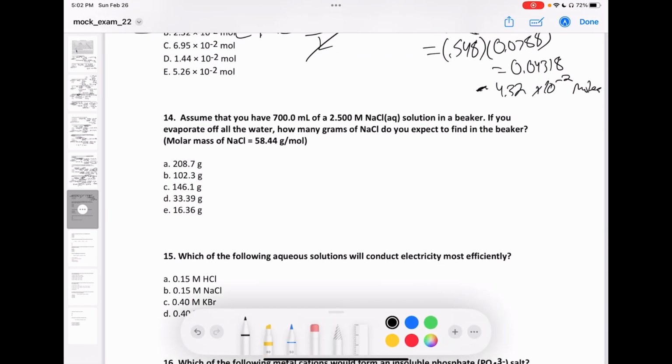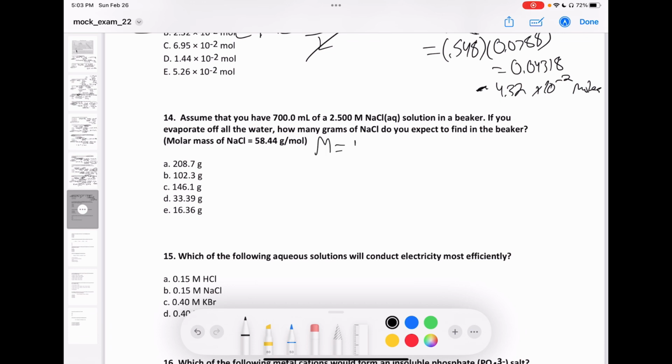Okay, assume that you have 700 milliliters of a 2.5 molarity sodium chloride solution in a beaker. If you evaporate all the water, how many grams of NaCl do you expect to find in the beaker? Okay, so this one's pretty simple as well. I think it's kind of the same setup.